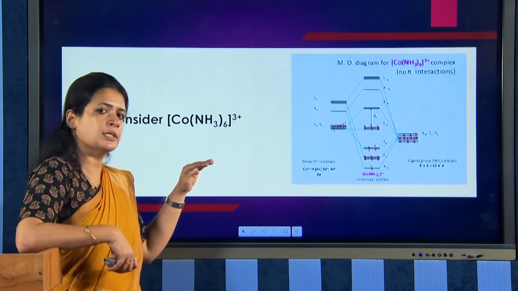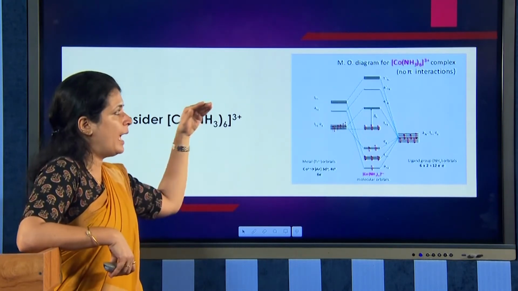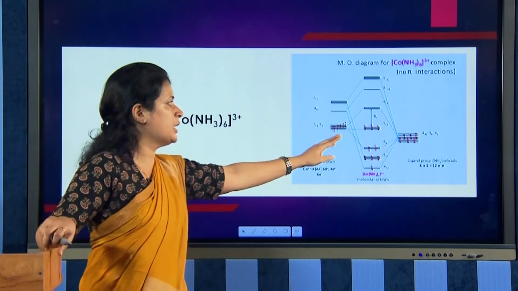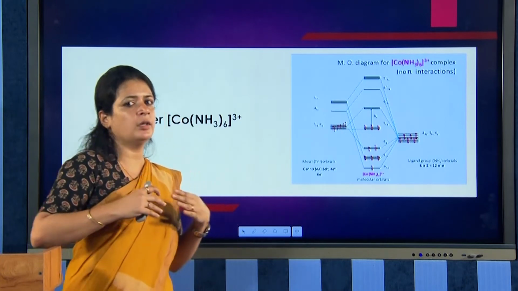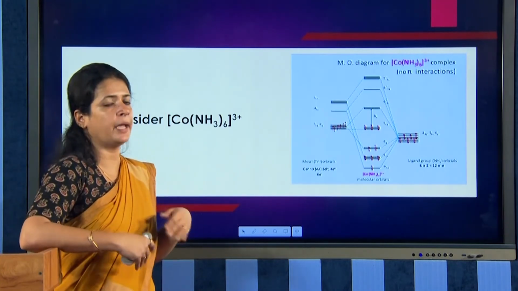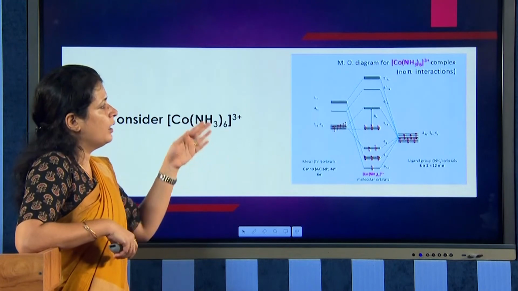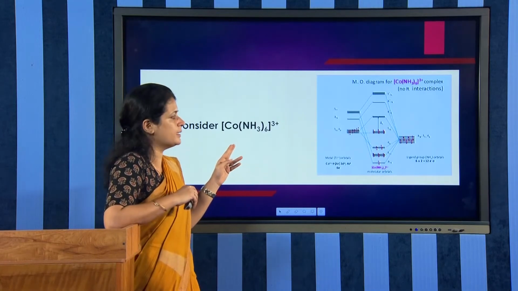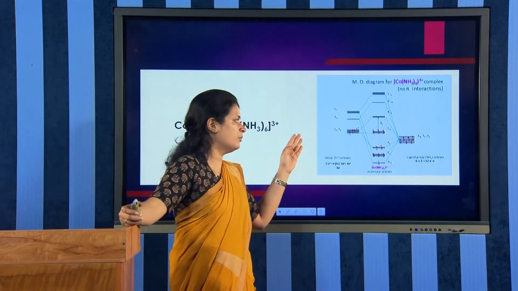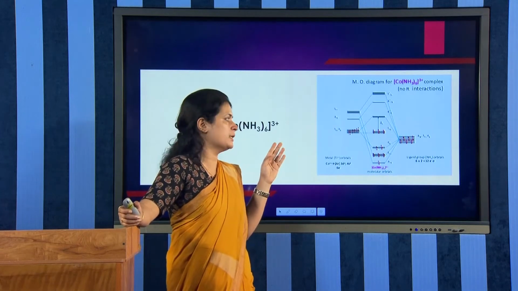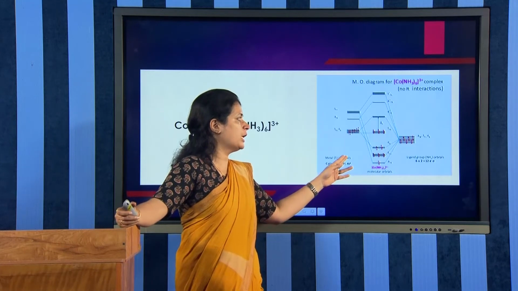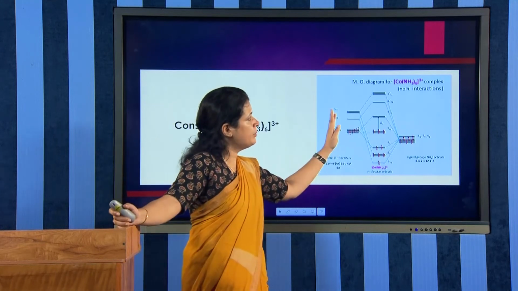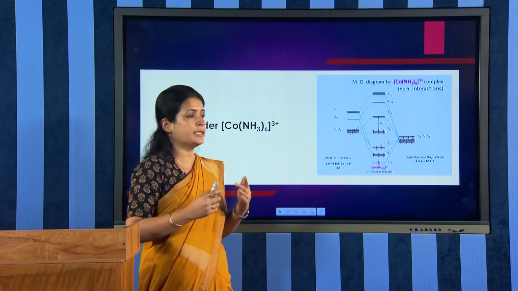Bonding molecular orbitals are formed by the positive combination, antibonding molecular orbitals are formed by the negative combination. And the T2G remains as such because they are not involved in sigma bonding, they are meant for pi bonding. Another thing to keep in mind is that the bonding molecular orbitals have more ligand character and the antibonding molecular orbitals have more metal character.